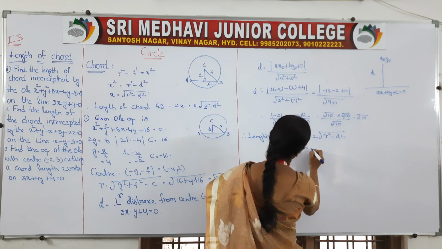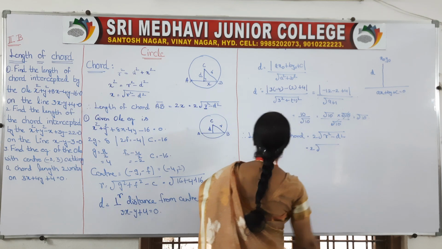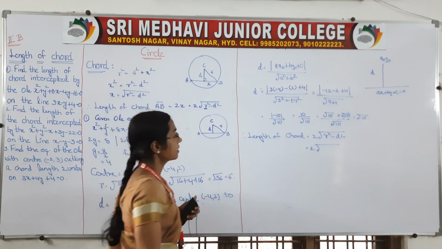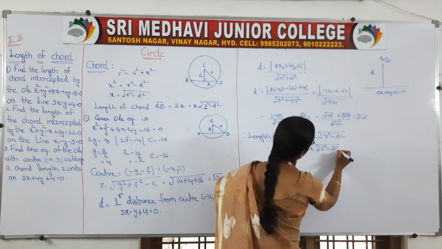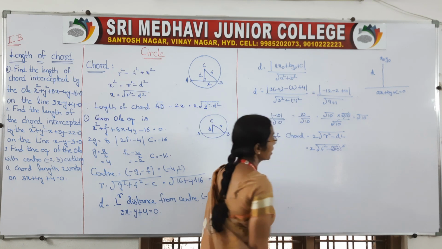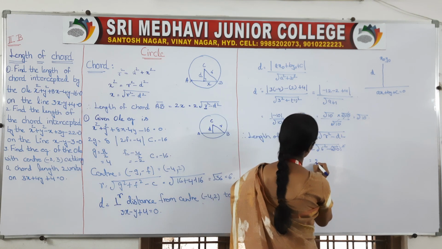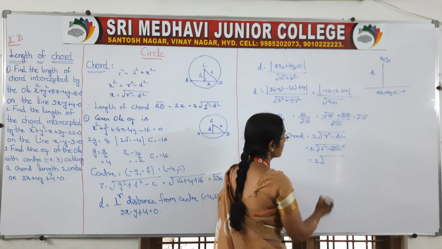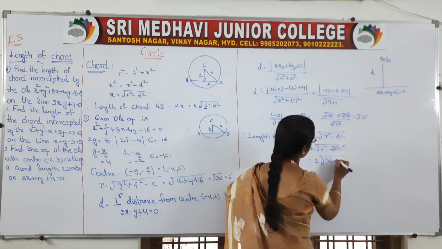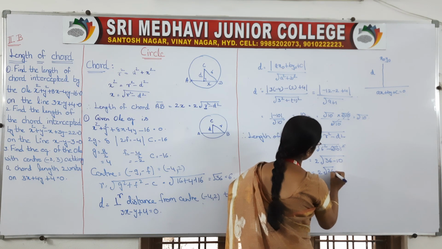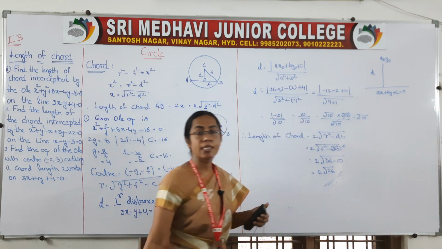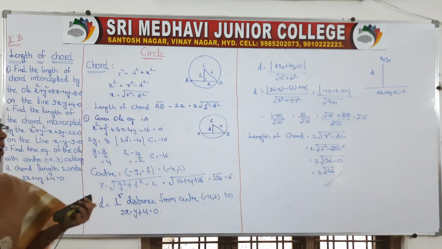So just substitute: 2 into root of r, we got it as 6, 6 square minus root 10 whole square. The square root cancels. It is 2 into root of 6 square is 36 minus 10. 2 into root of 36 minus 10 is 26. So this is your length of the chord.